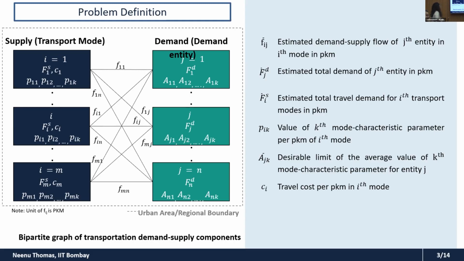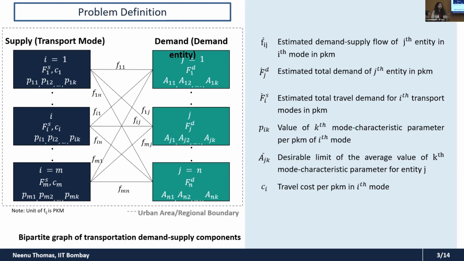So if you consider just the supply, we have a demand which is satisfied by each of the transport modes to satisfy the different activities, and all of these transport modes have a cost, which we consider in terms of passenger kilometer, so cost per passenger kilometer, and also all these modes have different characteristics.